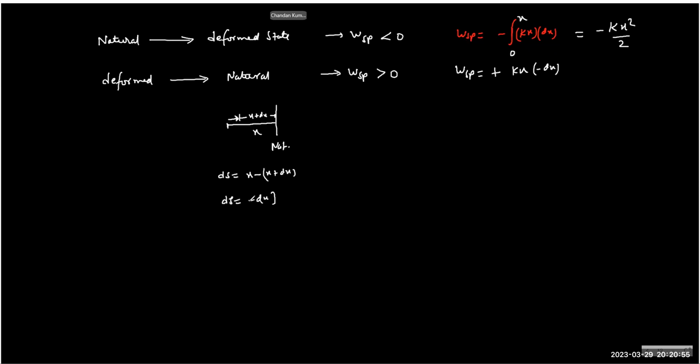Do you realize what I'm trying to do here? Whenever you try to go back to natural, your displacement should be expressed this way. Many may get confused why I'm writing like this. And then something more difficult to understand: you go from the deformed to natural.